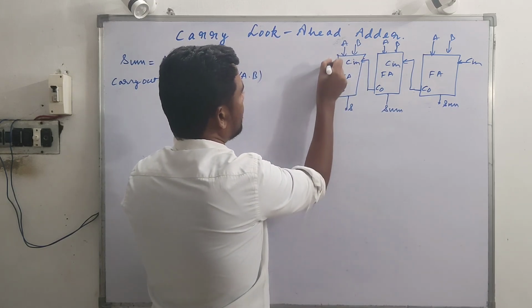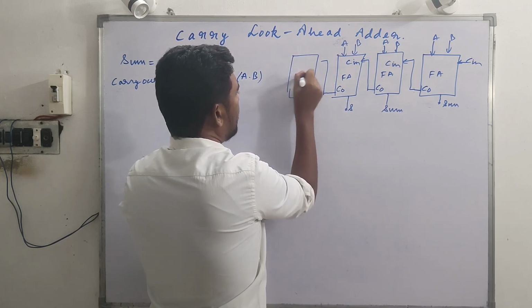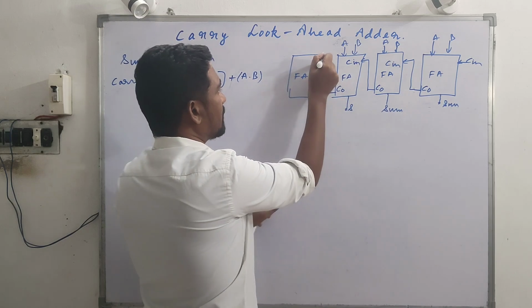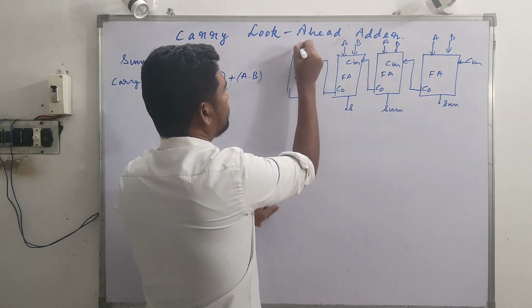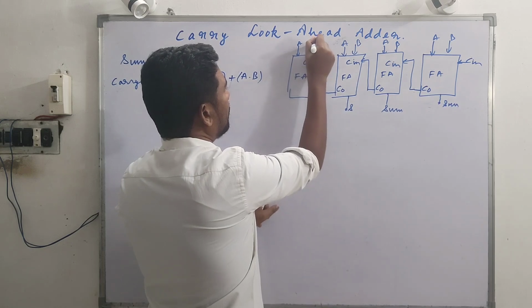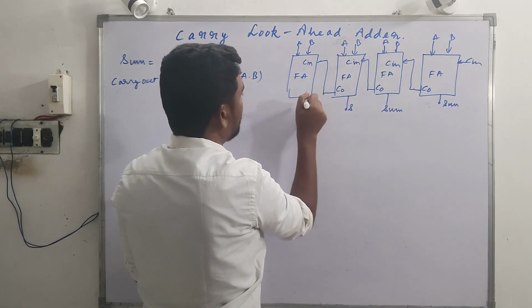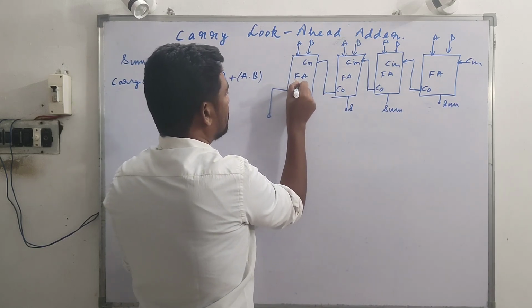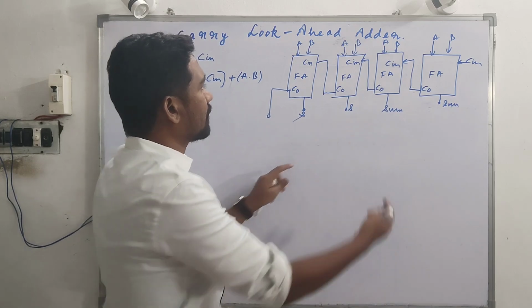This Cout will act as input to the next stage. Even this is a full adder with 3 inputs, A, B and Cin, and we also have the sum and Cout. This is the circuit diagram.